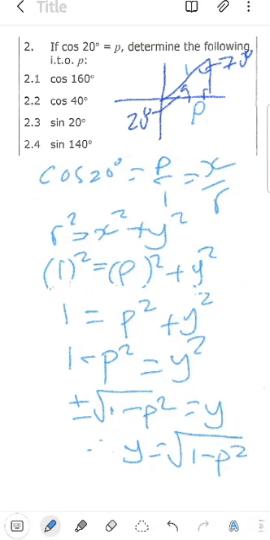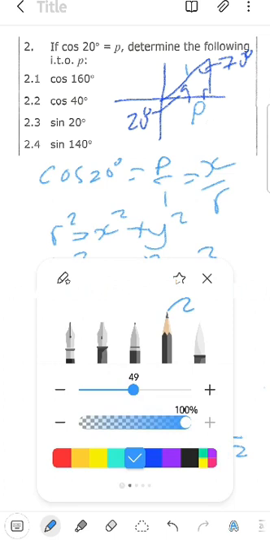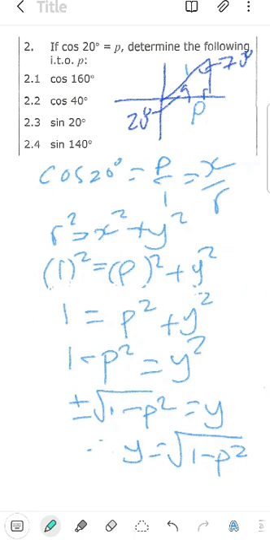So our value of y here is calculated to be the square root of 1 minus P squared. So this will be the value of y. Now we have everything: the hypotenuse side, which is 1, the value of x, which is P, and the value of y.